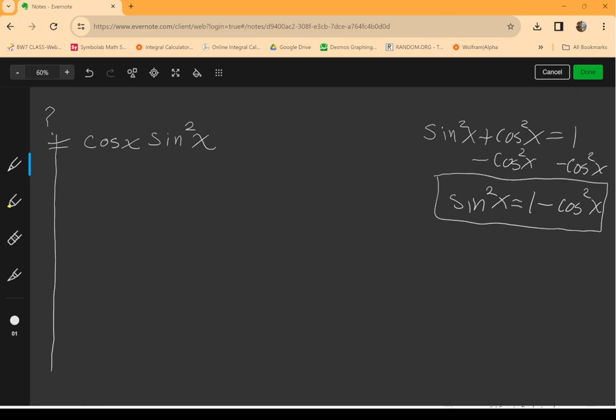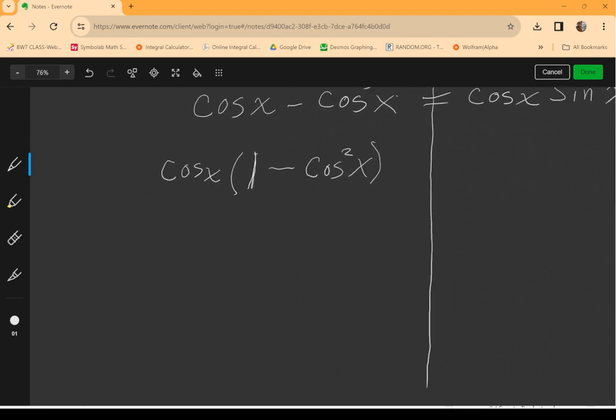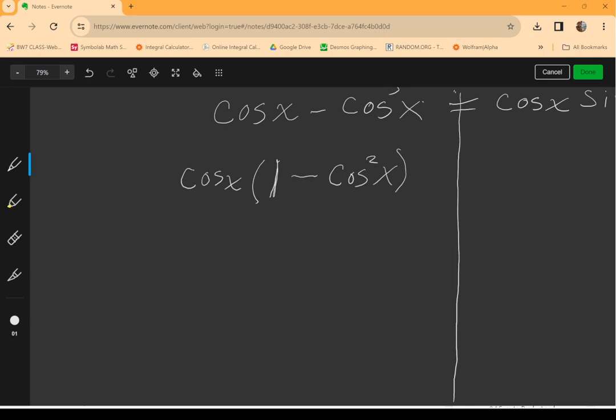Once we know it's an identity, it is true, it's a fact. I can rearrange it how I want. And now I can see how I'm going to solve the rest of this problem. I can use these two quantities interchangeably. So if I have 1 minus cosine squared x, I just established that that is sine squared of x.